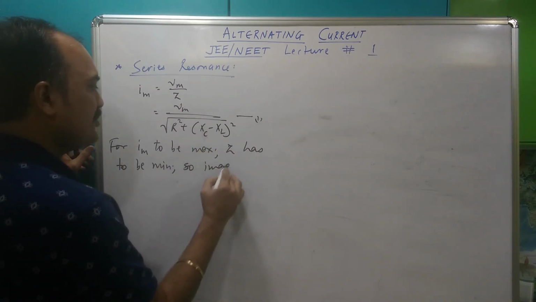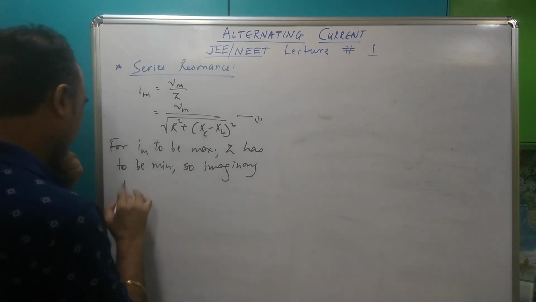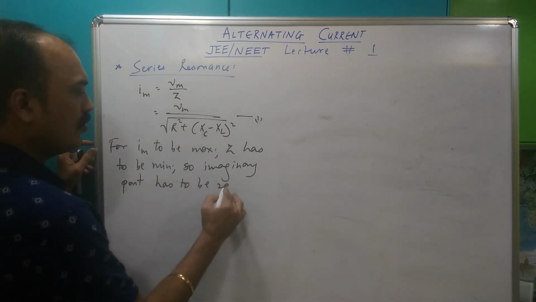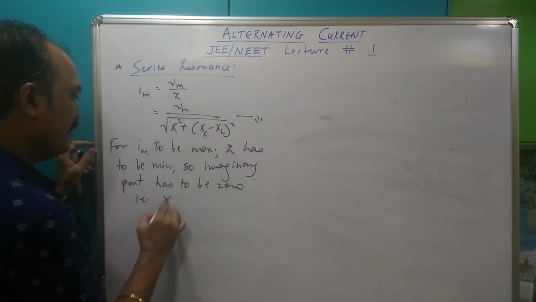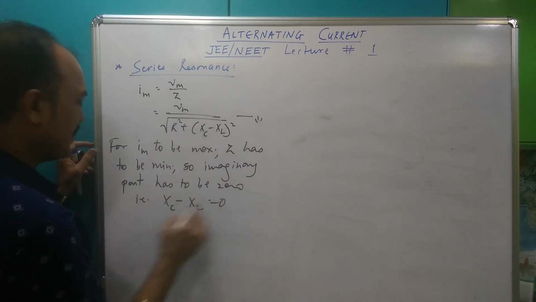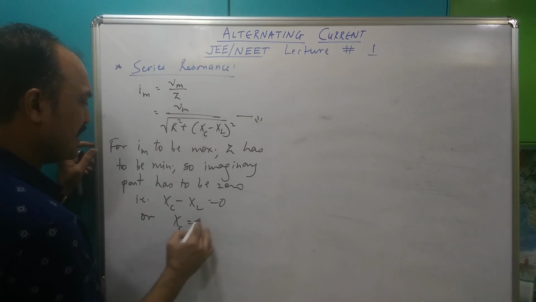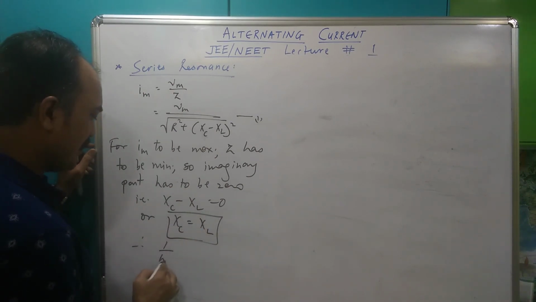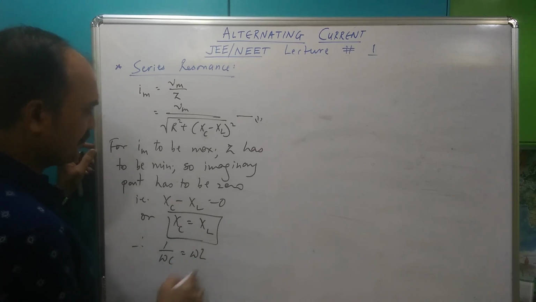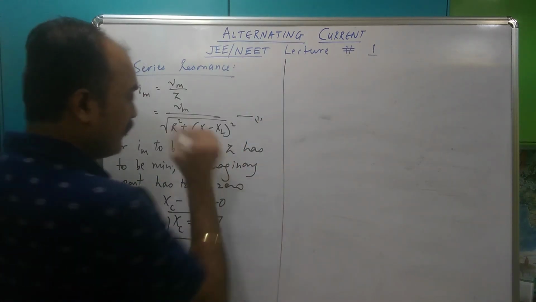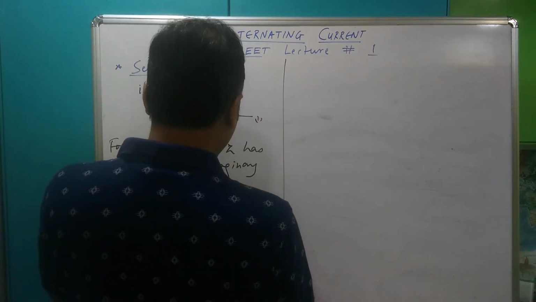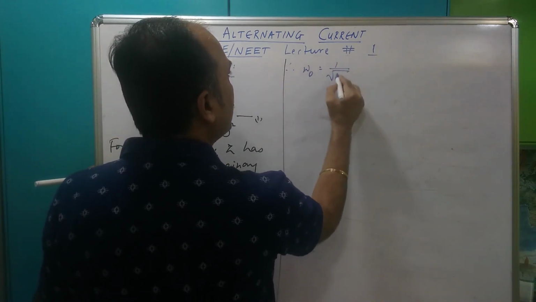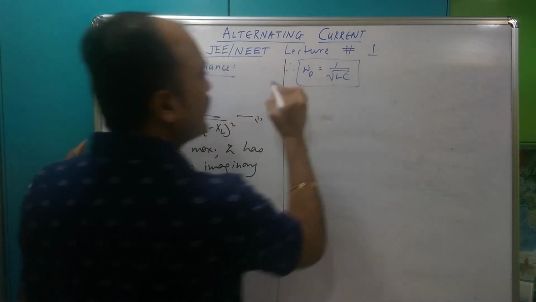The imaginary part has to be 0. Okay, that means Xc minus XL has to be 0, or Xc has to be equal to XL. But how much is Xc? 1 by omega C. XL is omega L. So my final equation for omega turns out to be omega 0 is 1 by root of LC.